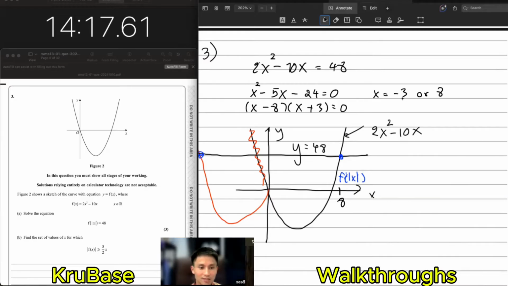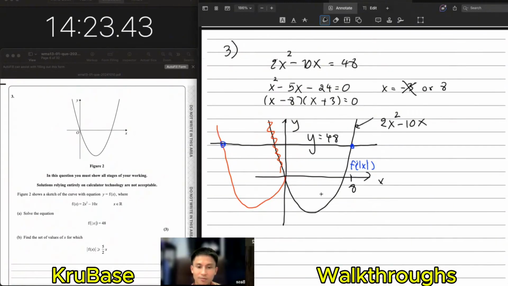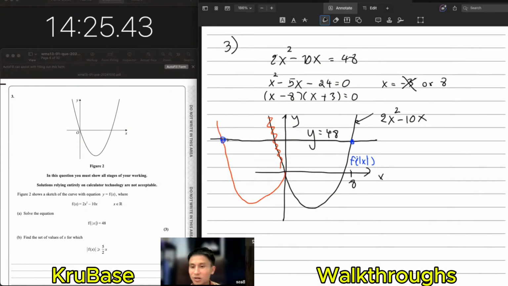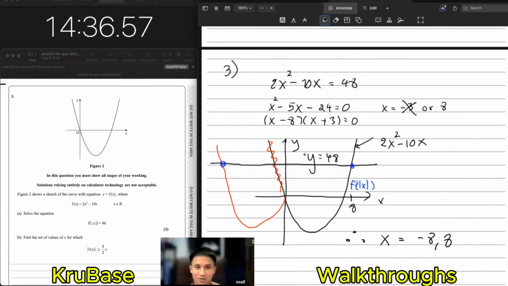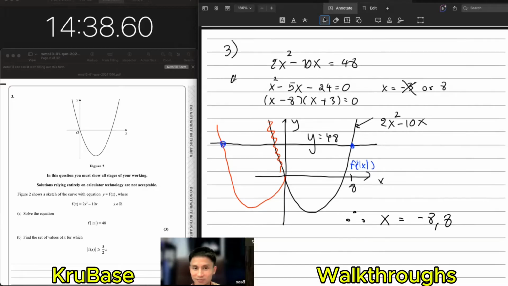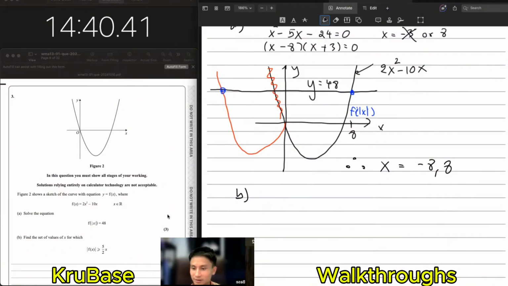So I get x equals 8 on this point. Okay. So what do you think? The other point is a reflection. So that must be minus 8, right? So therefore, we can answer x equals minus 8 and 8. Yeah, that's it. So use the graph, guys, I think would be a better choice.